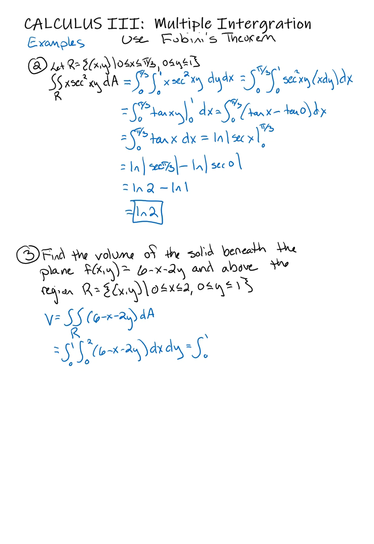I have the outside integration still in there, but integrating 6 minus x minus 2y with respect to x gives us 6x minus 1/2 x squared minus 2xy, which we will evaluate from 0 to 2 before integrating with respect to y. So let's go ahead and evaluate that.